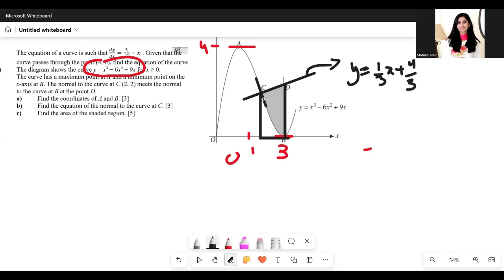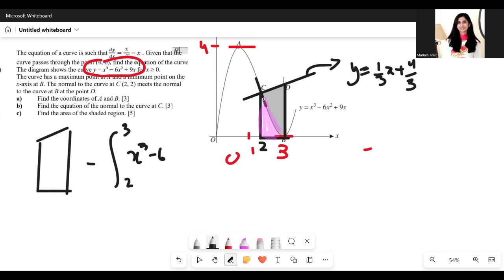Subtract this, and we should get the area of the shaded region. Okay, let's look at the trapezium first. So we need the trapezium area minus the area from integrating the curve within the limits. Okay, what are these limits? This starts from 2 and goes till 3. So 2 to 3 of x cubed minus 6x squared plus 9x.